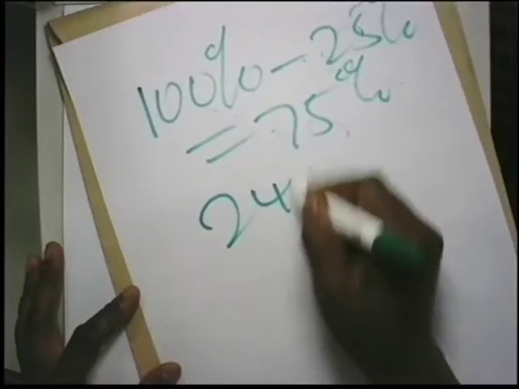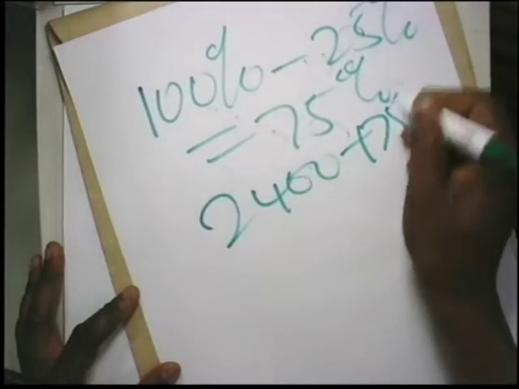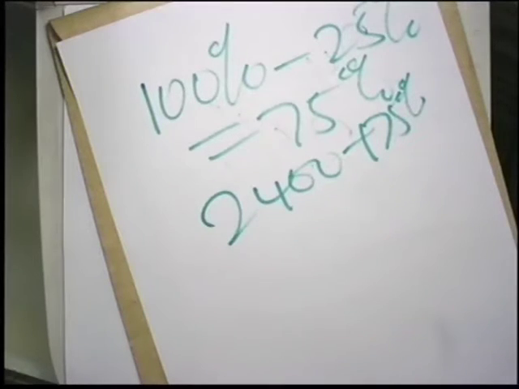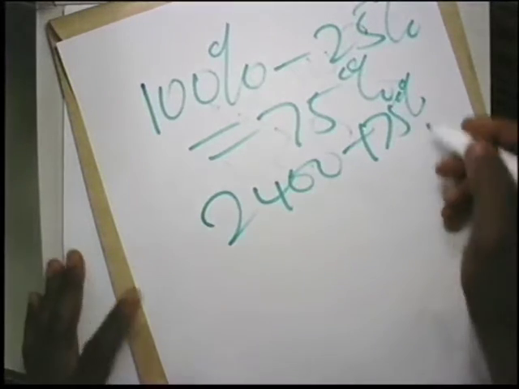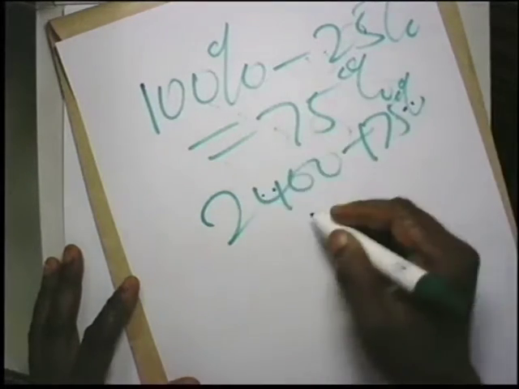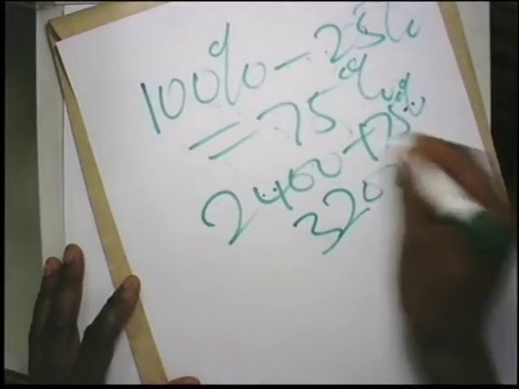So 100% the original price, it will be 2,400 plus 75%. So when you add it together, 75% of the original price, it will be 3,200.